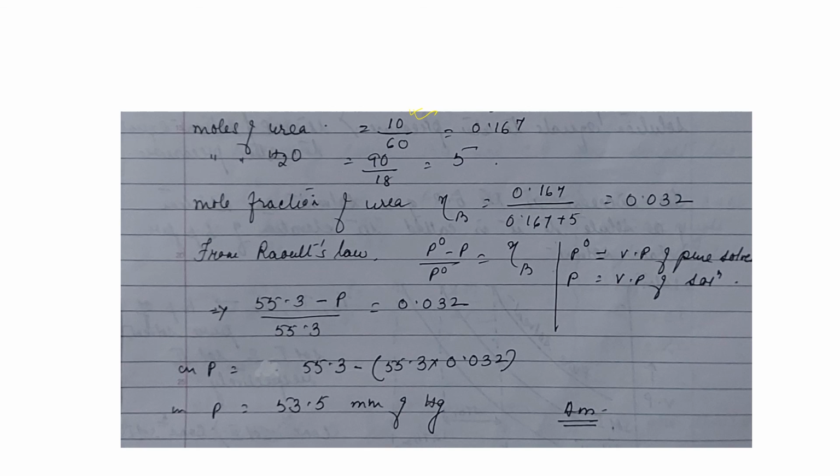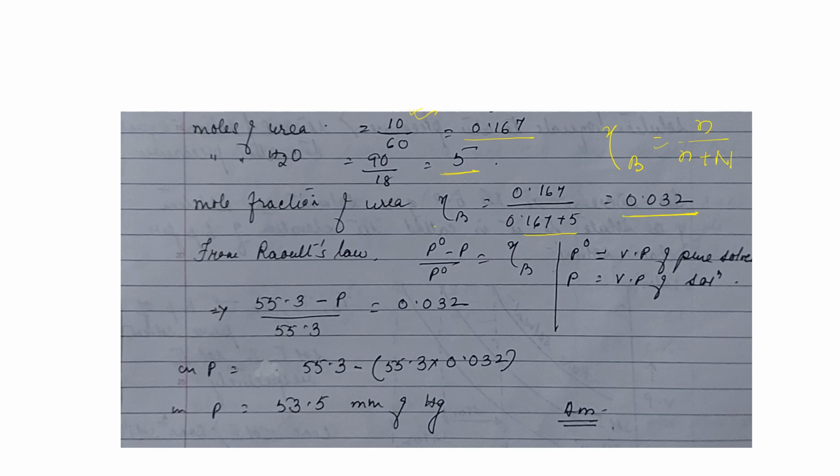Weight by molecular weight, so 10 by 60, which is coming 0.167, and moles of water is equal to 90 gram divided by 18, the molecular mass of water, so we are getting 5. So mole fraction of urea, chi B, is equal to 0.167 divided by (0.167 plus 5). So it is coming 0.032, because chi B is equal to n by (n plus N).